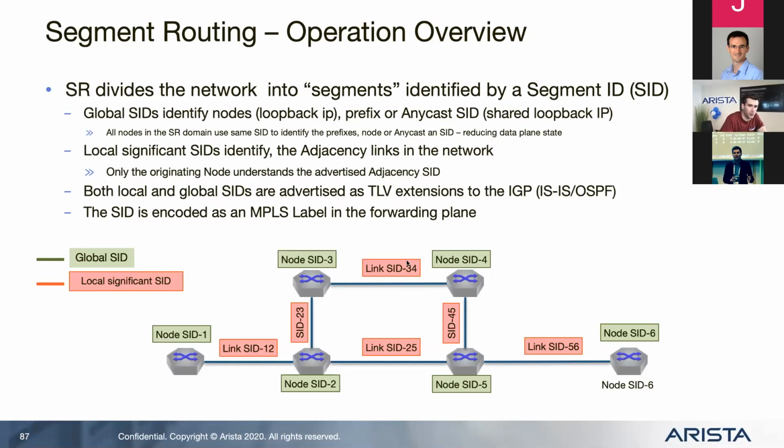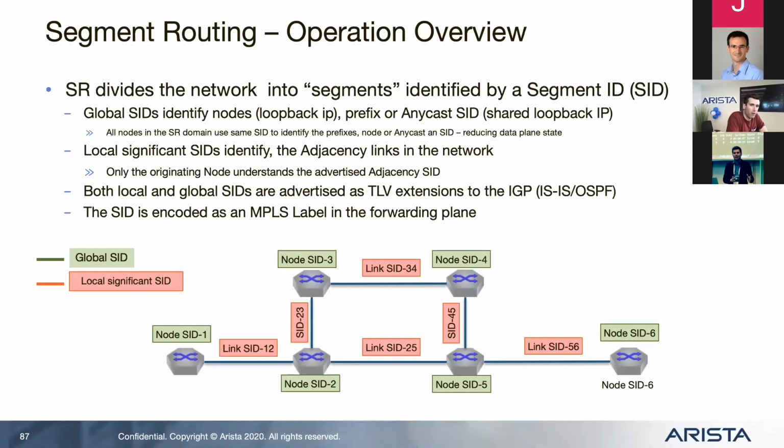So if we wanted all traffic to go via node 3 or node SID 3, we could add that label to the packet header, which would mean that traffic would go the shortest path to node 3, so go 1, 2, 3, and then take the path to node 6. Of course, I might have to put in node 4 as well. So we go 1, 2, 3, 4, 5, and 6, and we're able to actually encode that into the packet header.